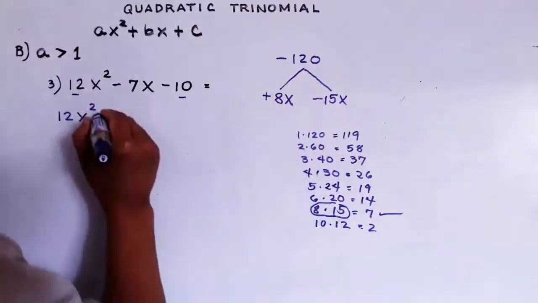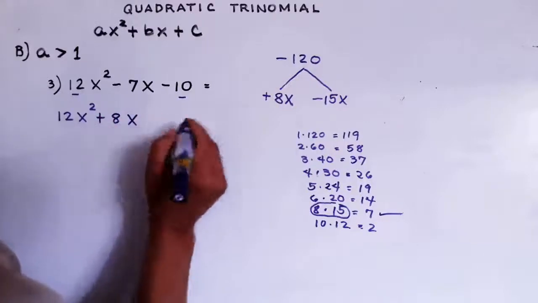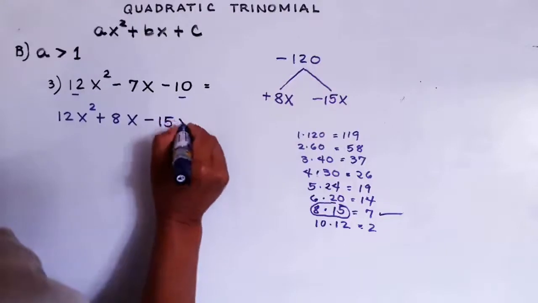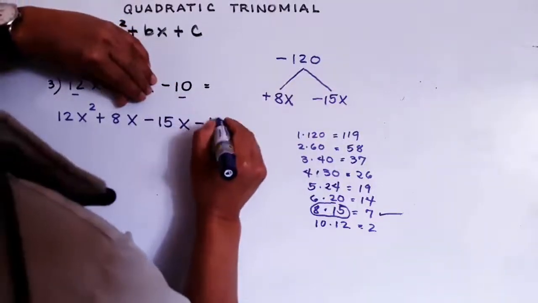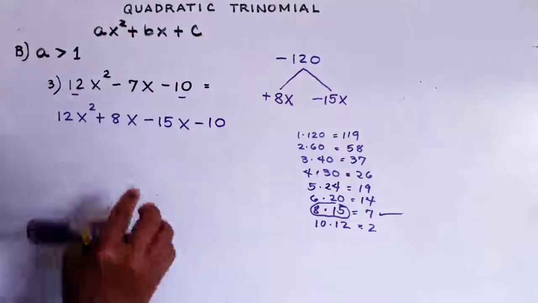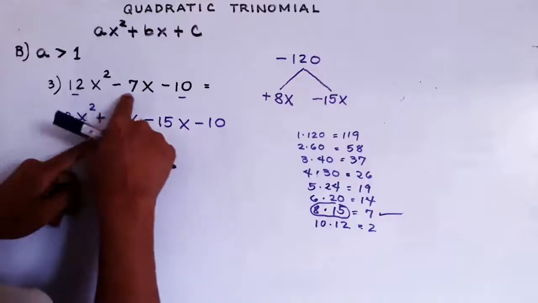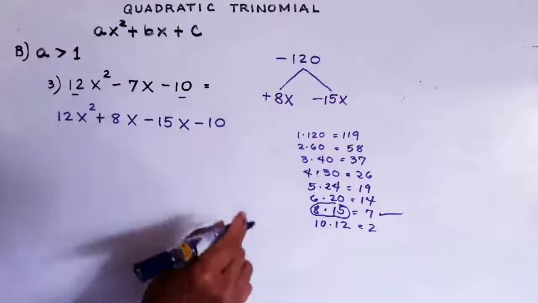So we have 8x here, and then we have minus 15x here, and then the minus 10 here. Okay, if we combine this, it will give us a negative 7x there.